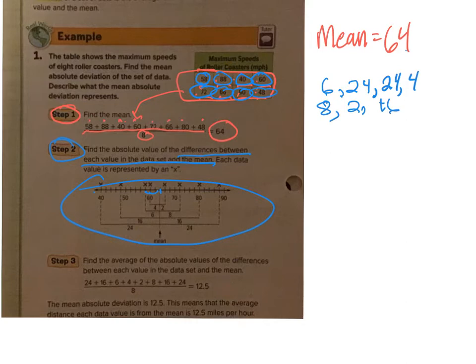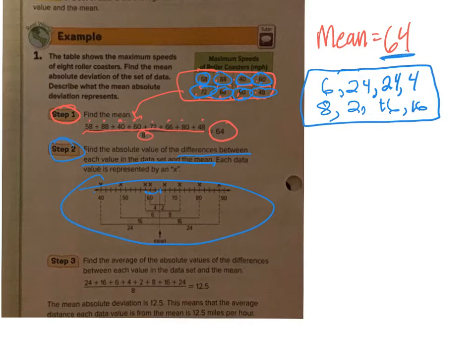And then the difference between 48 and 64 is 16. Okay, so step 2 is just finding the difference between the mean, this mean, and each of the numbers in the data set.